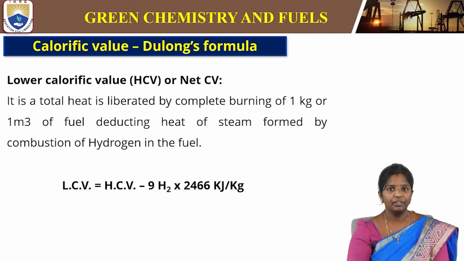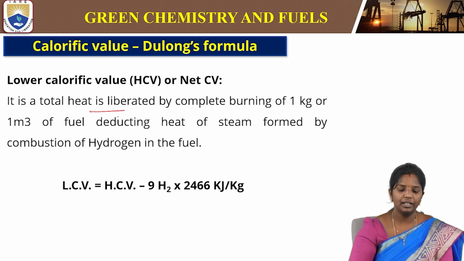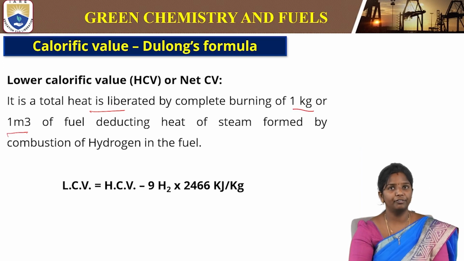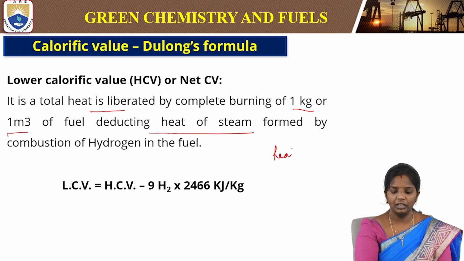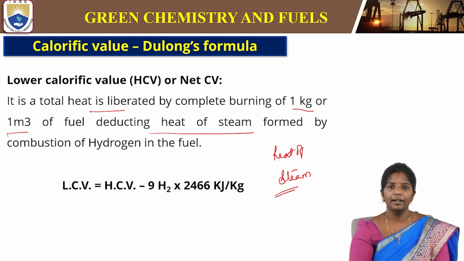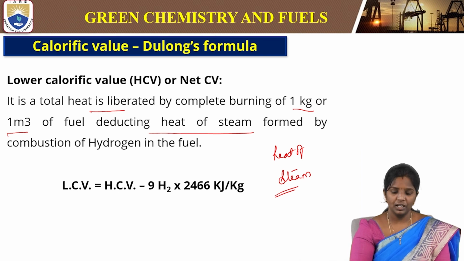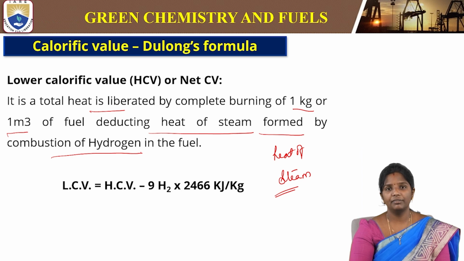Next, lower calorific value or net calorific value. It is the heat liberated by complete burning of 1 kg or 1 cubic meter of fuel, deducting the heat of steam formed by the combustion of hydrogen in the fuel. That is the actual calorific value given for any fuel, and it is useful for running machineries or automobiles.